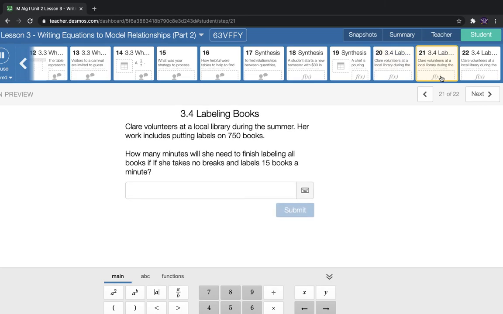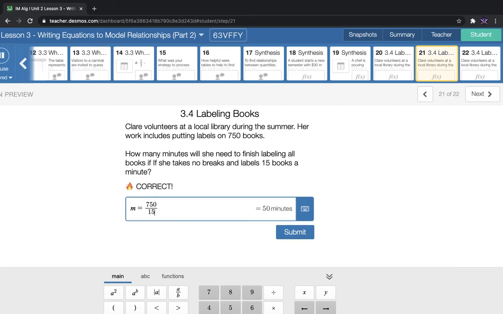Okay, now we see how much time she will need to finish if she takes no breaks and labels 15 books a minute. Okay, so again, same thing, m equals 750, and now instead of putting a 10, we put a 15, and it's going to take her 50 minutes.